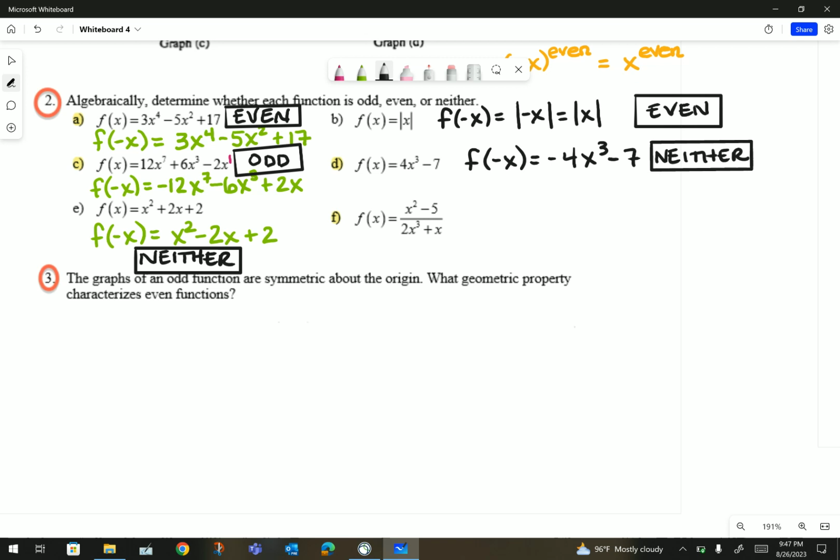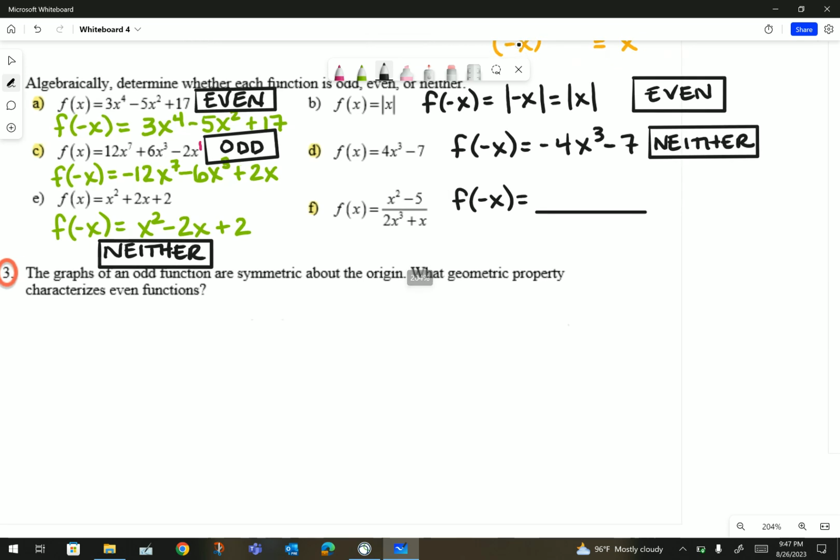So let's move on to the last one in this number 2. So it's a fraction. When you get the ones with fractions, I want you just to worry about the numerator and denominator separately, okay? I don't know why I use the word worry. There's no reason to worry. Just work out the separate numerator and denominator values. So x squared is still even, so it's going to stay x squared.